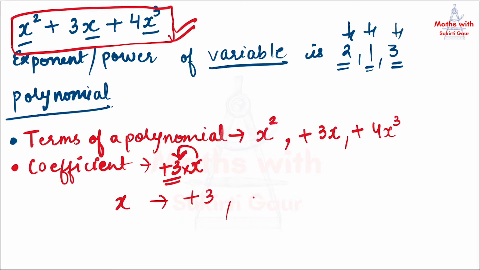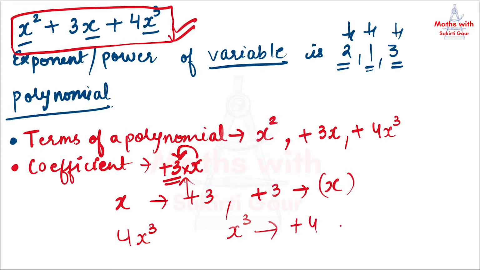But if I talk about the coefficient of plus 3 over here, then we are going to say x. It means x is attached to plus 3 by the sign of multiplication. If I talk about the third term, 4x cube, the coefficient of x cube would be plus 4, whereas the coefficient of 4 would be x cube.